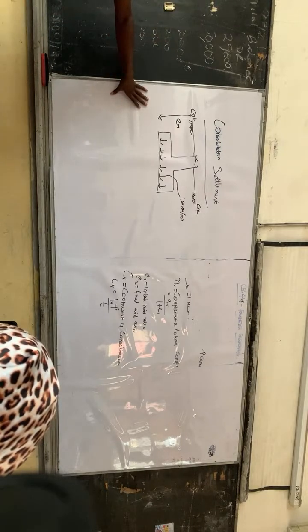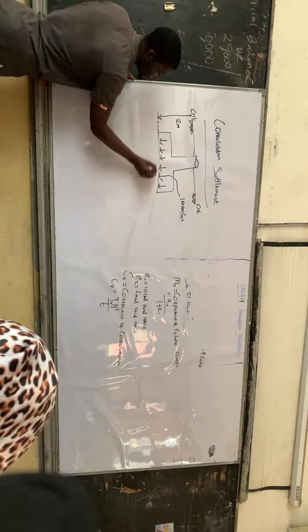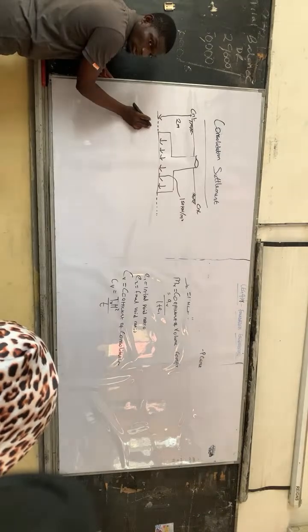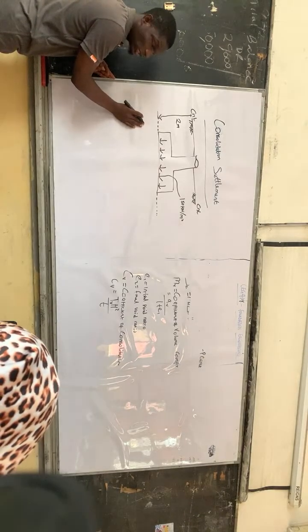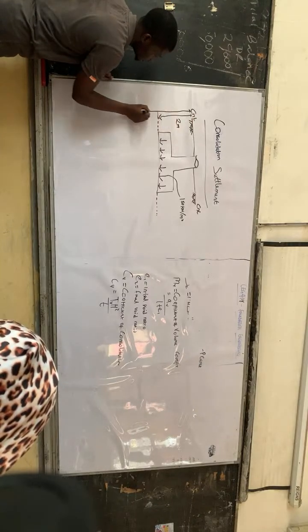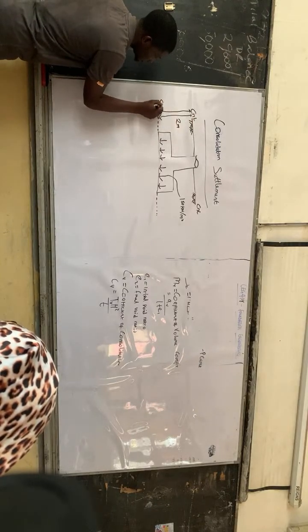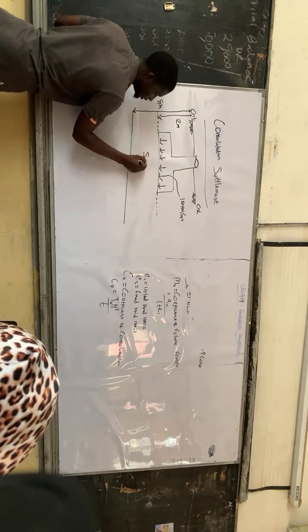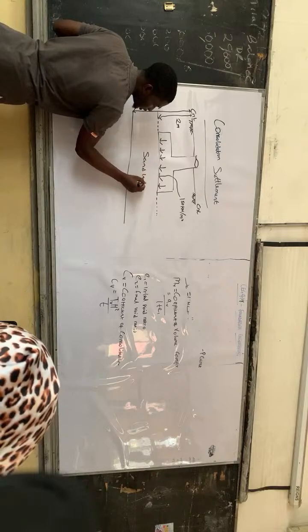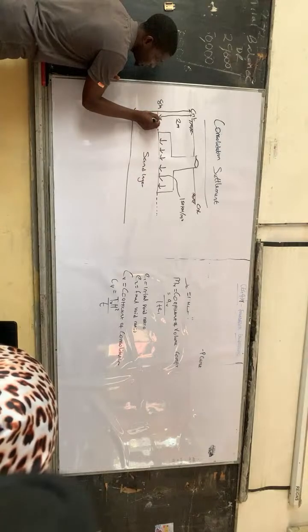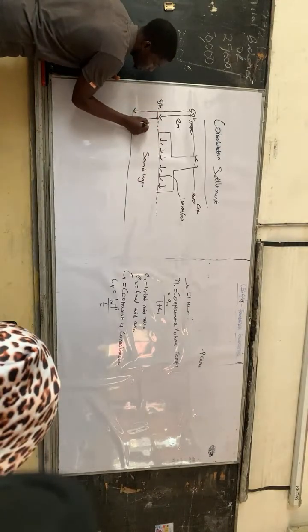Then medium dense sand below, 8 meters thick. From here to here now is our 8 meters. So that's where you find your sand layer, 8 meters thick. That is from the base now. So it's from the base now to the base of the sand layer is 6 meters.